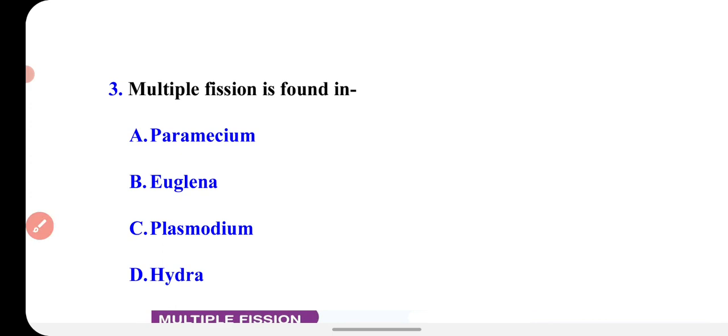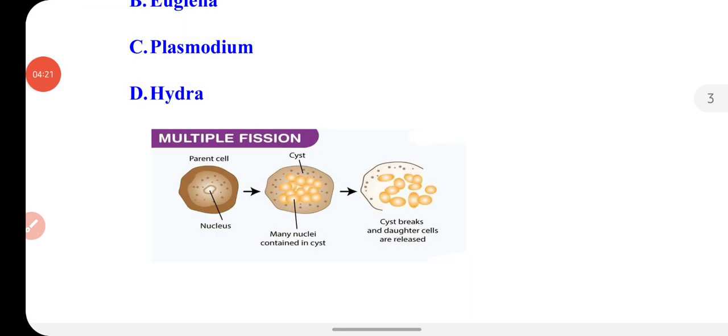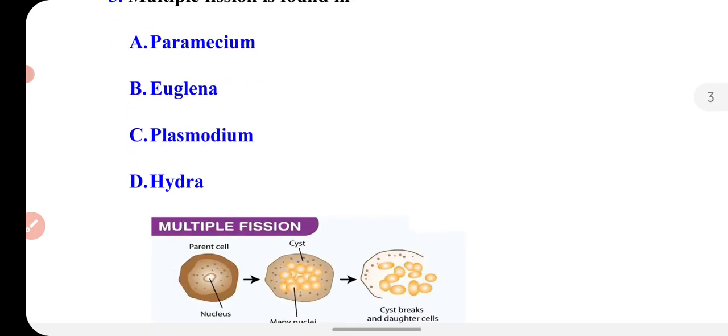Plasmodium is the causative agent of malaria, a disease that occurs in humans. Plasmodium is a protozoan, and when it has to produce new organisms in the human body, it divides into many organisms by the process of multiple fission. The parent cell divides its nucleus into many nuclei, and then with the help of cytokinesis, many cells are formed. So here the correct option is Plasmodium.